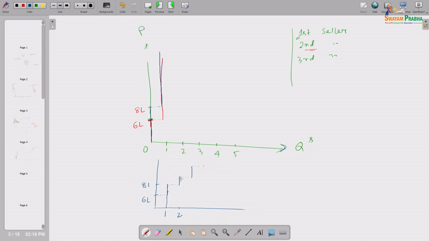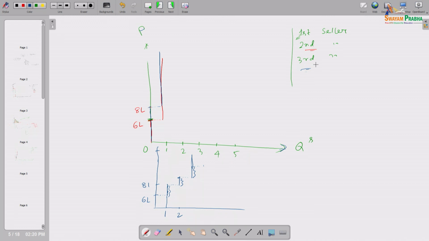Let me clarify, there is no reason that this distance and this distance will all be the same. That depends on who the fourth or fifth seller is after this price, and what his minimum willingness to accept is to be able to deliver that product in the market.